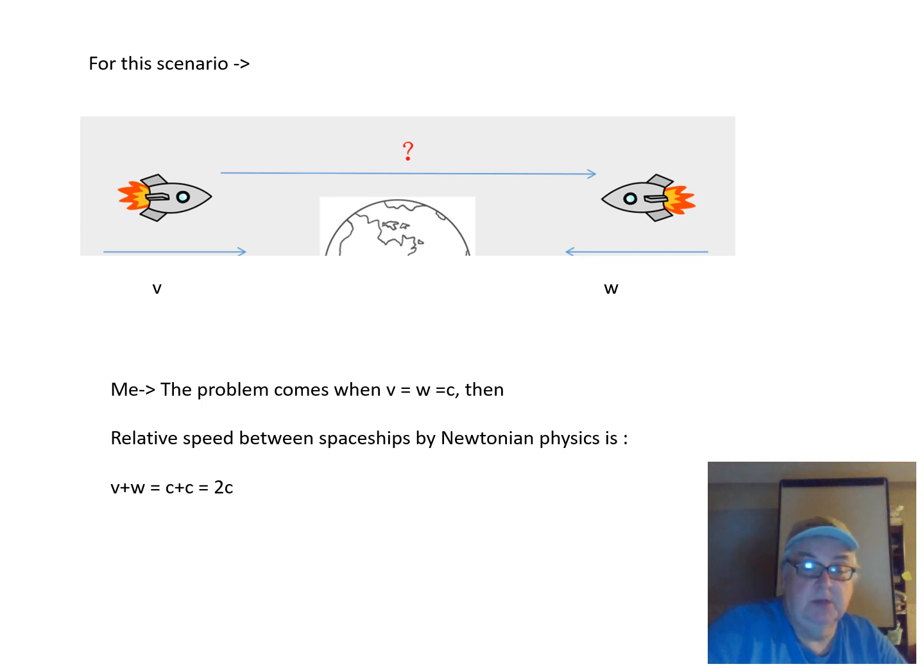Well, for this situation where the spaceships are going at v equals w equals c, then the relative speed between spaceships by Newtonian physics would be 2c.